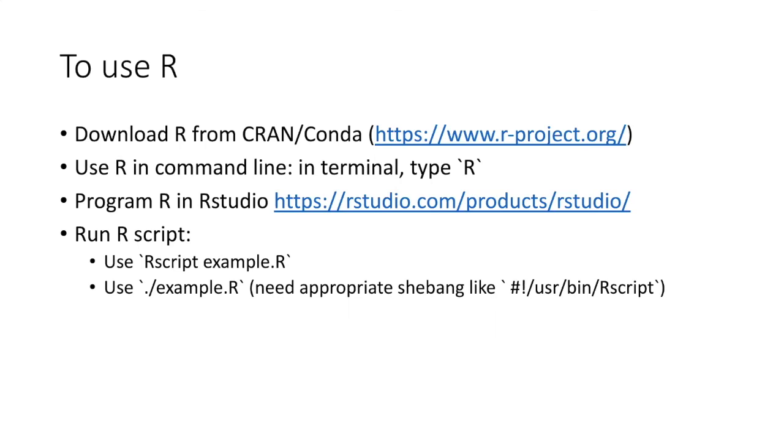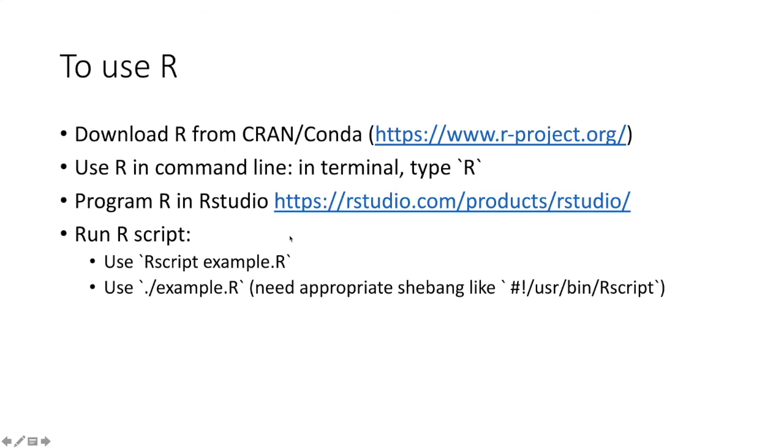So you can actually write code in the editor and execute it line by line. That's going to be very helpful if you want to do debugging. It also has tools for plotting, history, and workspace management. It's a very useful IDE if you want to program in R. You can use this link to download it. The basic version is free. It definitely has a commercialized version, but you can use it for free basically.